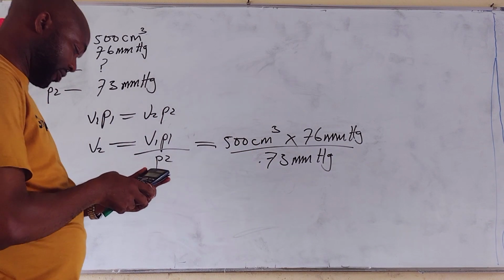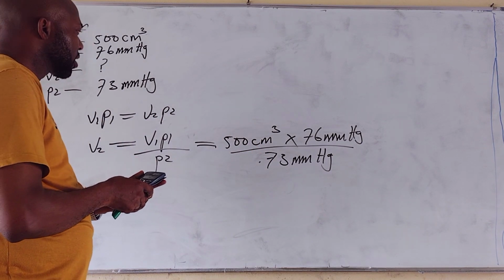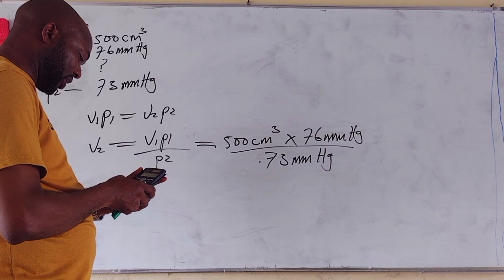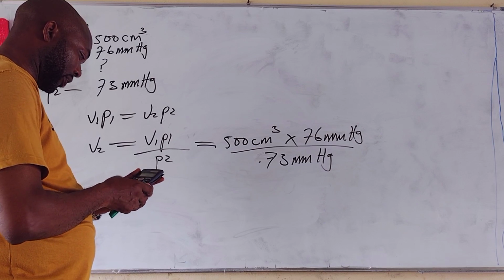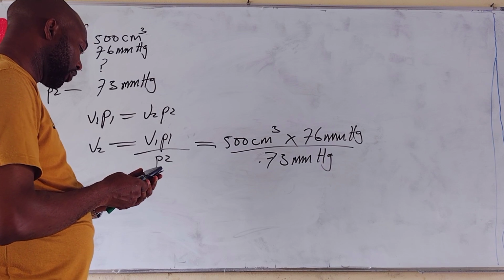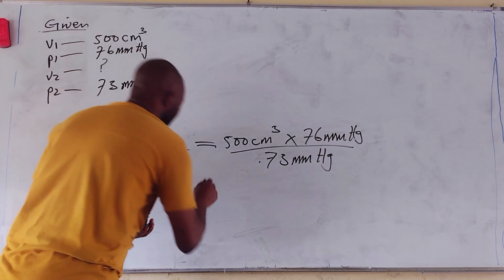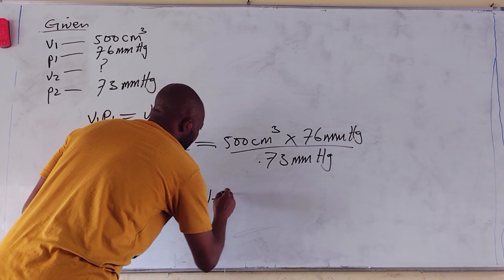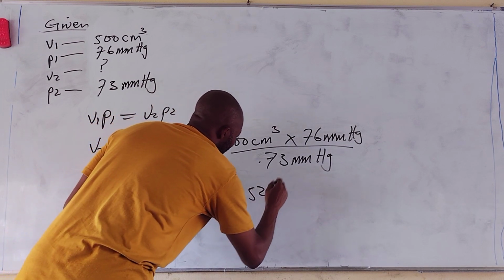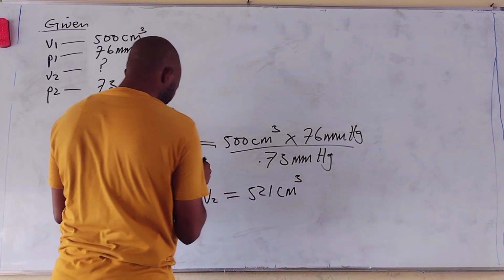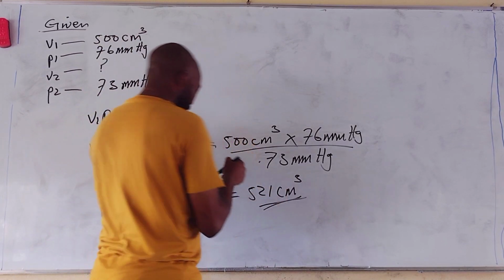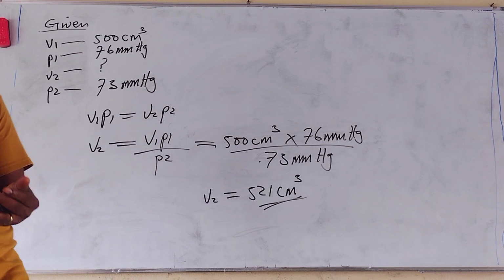So I have 500 times 76 divided by 73, which is 521. V2 is equal to 521 cm cubed. Yeah, it's cm cubed. So this is our final volume.